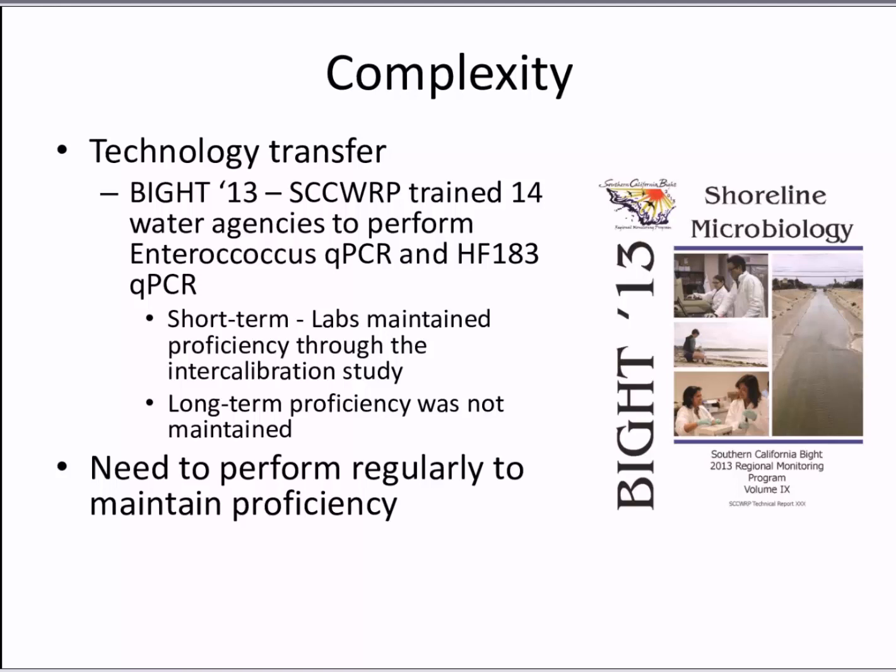So in the short term, the labs maintain proficiency through the intercalibration study. It took maybe a couple weeks to train the labs on the assay. They gave them a month or so to practice it, and then they SQUIRT challenged each lab with a validation panel, and most of the labs, I believe 8 of the 14 labs, were able to pass that validation panel.